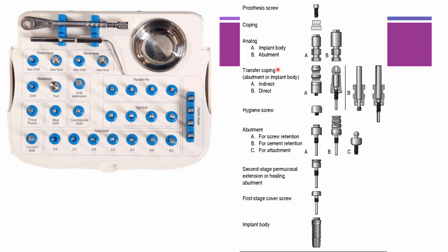Then we have the transfer coping, used to position an analog in an impression; it can be direct or indirect. The healing screw is there. We have abutments for screw retention, cement retention, and for attachment. Then second stage for mucosal extension or healing abutment, and the first stage cover screw and the implant body.